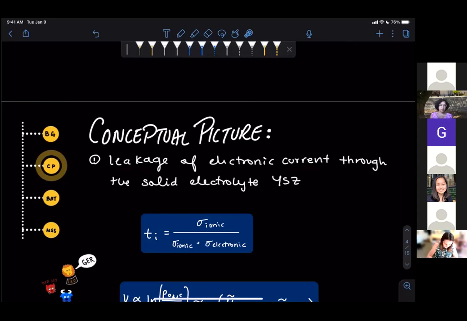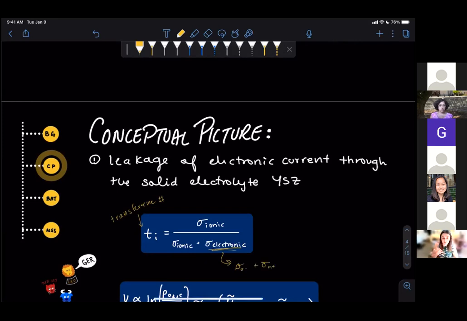And so what we have to think about here is t sub i, which is commonly known as the transference number. It's basically going to be the ratio of the ionic to the total conductivity, ionic and electronic. And when I say electronic conductivity, it's important to note that it can come from two sources: the conductivity of electrons in an electrolyte and the conductivity of holes.